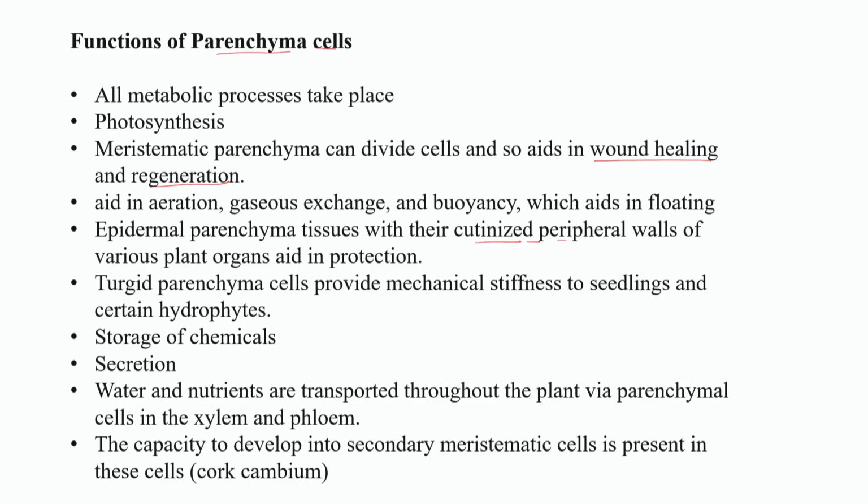It provides turgidity, because I have told you before that the cells with the help of turgidity actually maintain their shape, that is also responsible for the strength of the plant. So, they also provide turgidity, they help in storage of chemical secretion, and they also help in transportation, as in case of parenchyma of xylem tissues, and they also have the capacity for secondary growth.